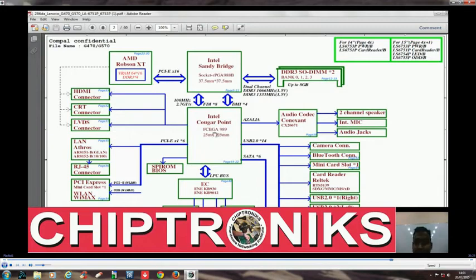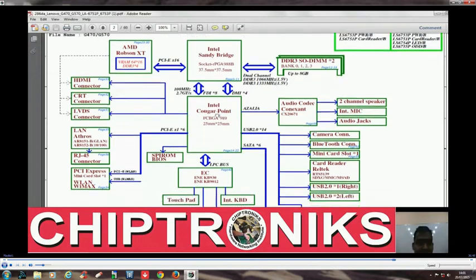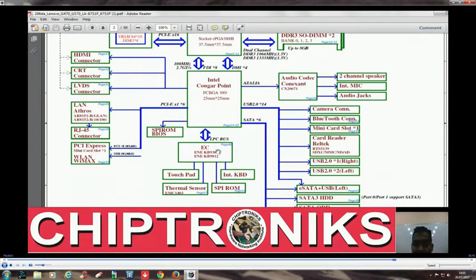So a very important point we have already discussed is that FDI is flexible display interface, and the PCH has a display controller, which would be used only when the external graphic chip is not present. Between PCH and IO controller we have the LPC bus, the low pin count bus.